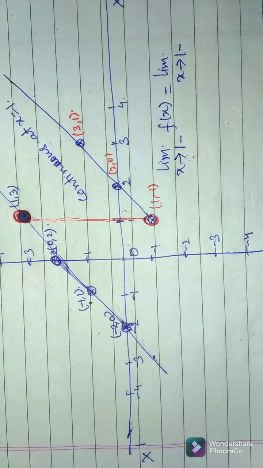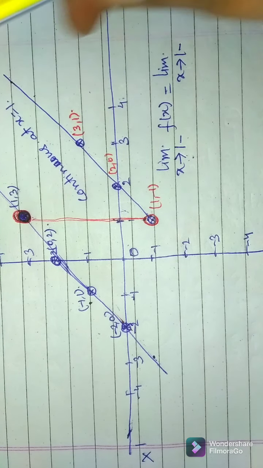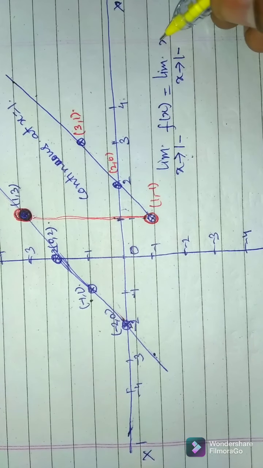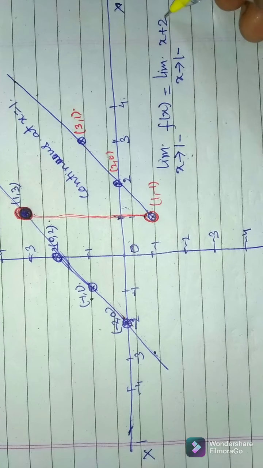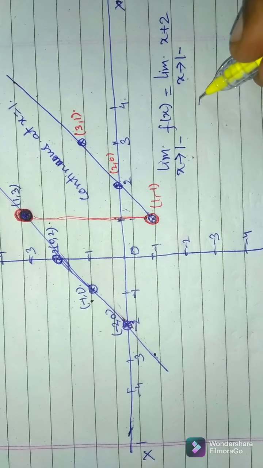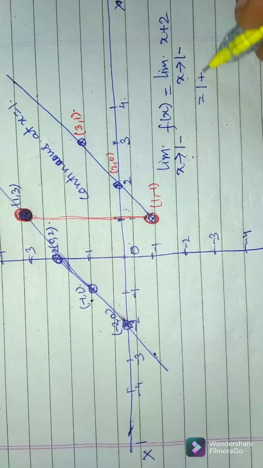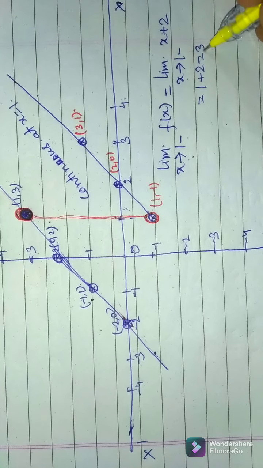So for x less than 1, the value of the function is x plus 2. Now put the value over here, 1 plus 2, so it is 3.